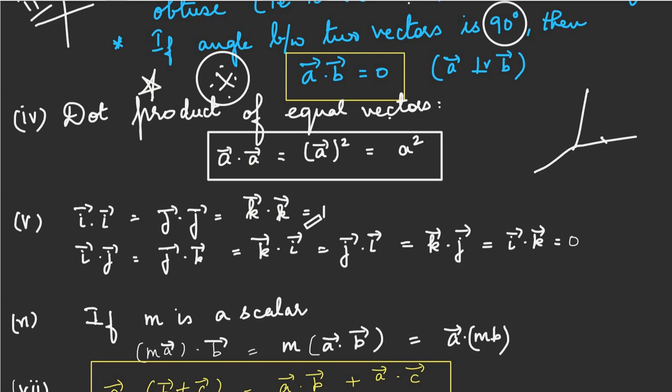I vector is a unit vector along the x-axis and J vector is a unit vector along the y-axis and K vector or K cap is a unit vector along the z-axis. So when we take the dot product of the same unit vector, I dot I, J dot J, it is equal to 1. Dot product of the different unit vectors leads us to the result equal to 0.